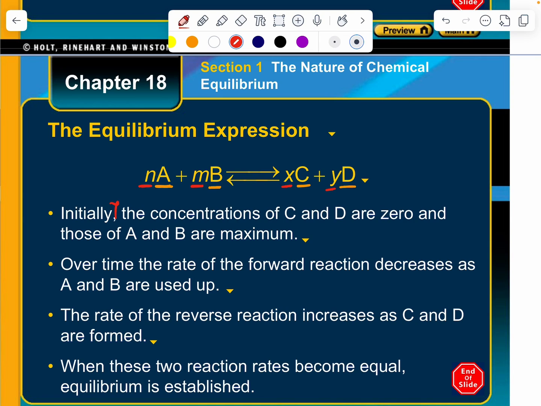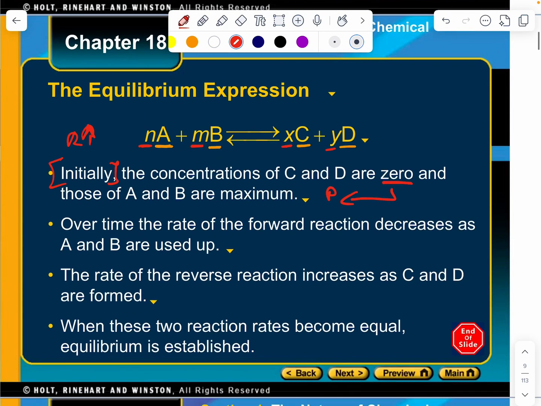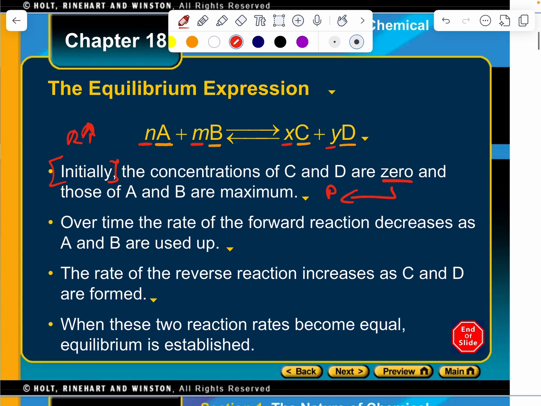Initially, reactants are at maximum and products are zero. At the beginning or the start of any reaction, we have A and B, the reactants, at the maximum, but we have zero C and D. Over time, the rate of the forward reaction will decrease, correct?